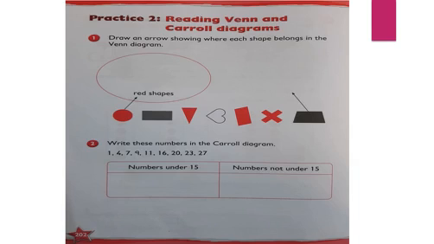For the second part, write these numbers in the Carol diagram: numbers under 15 and numbers not under 15. When you say under 15, these are 1 to 14, while numbers that are not under 15 are 16 and above. Can you do this, kids? I will wait for your answer for this activity.